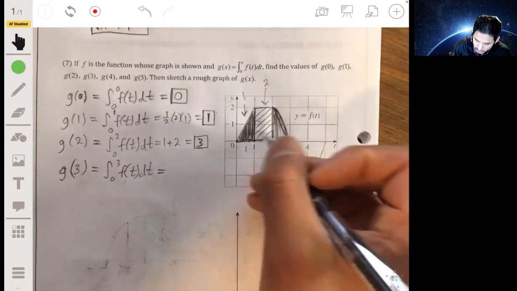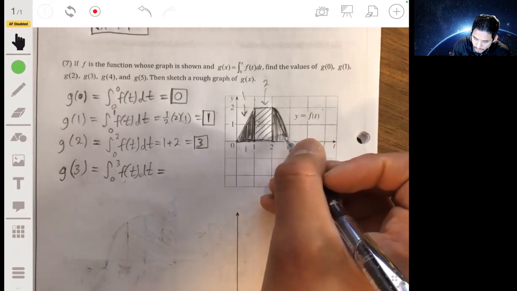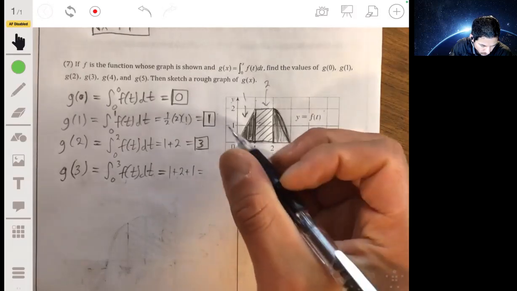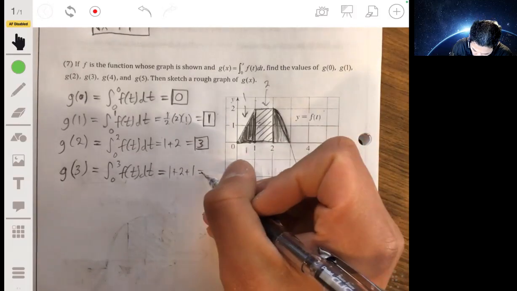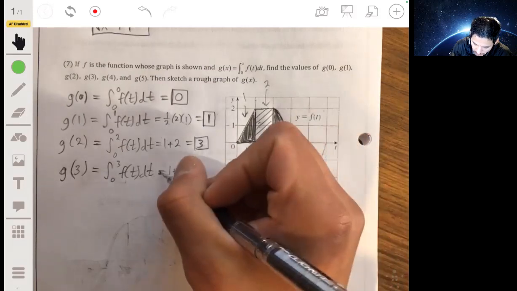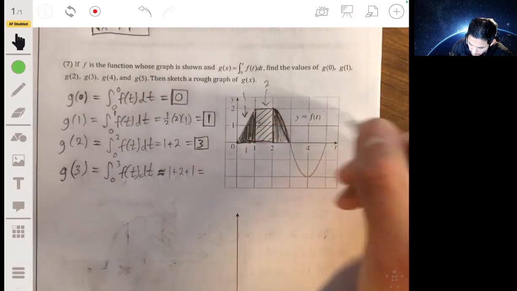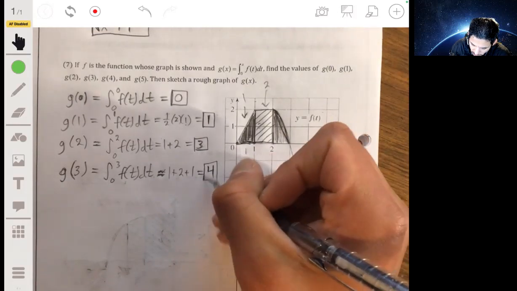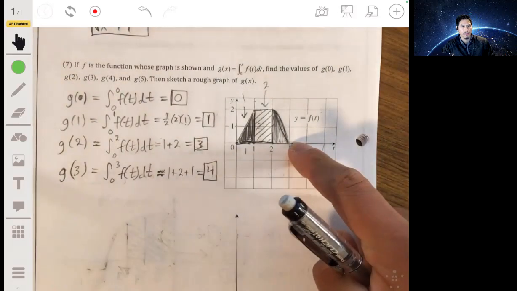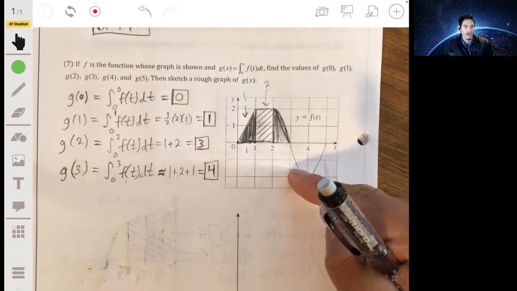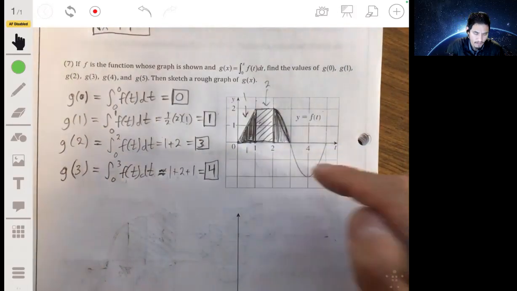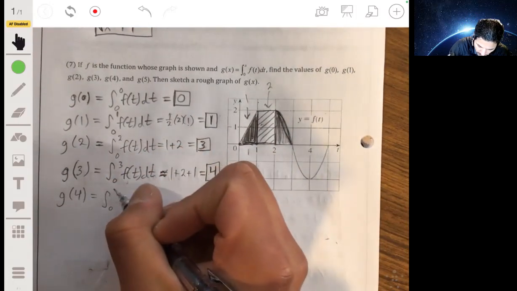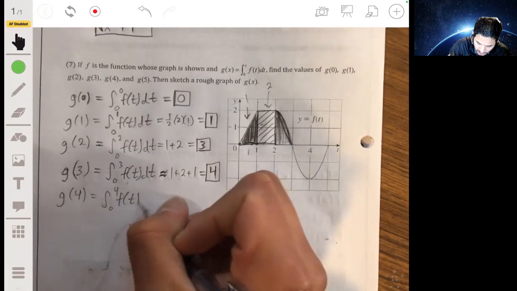So this will be 3 plus 1, or 1 plus 2 plus 1, so this will be just 4. We'll say approximately 4. It's a little more than 4. But the reason I'm just going to make it 4 is because this is going to be erased by the area up in the next integral. So g of 4. So we integrate from 0 to 4 of f of t dt.